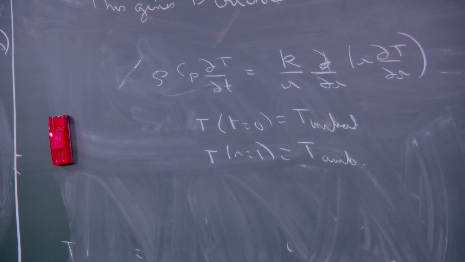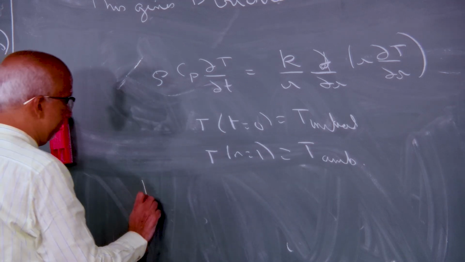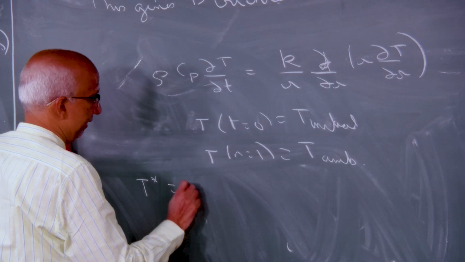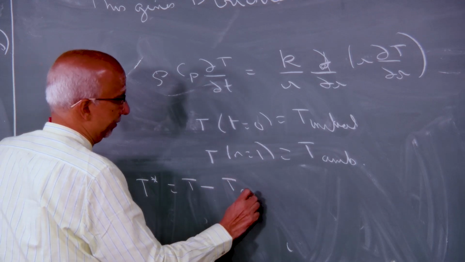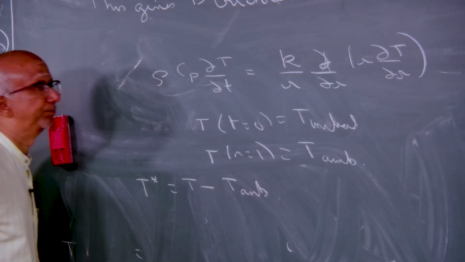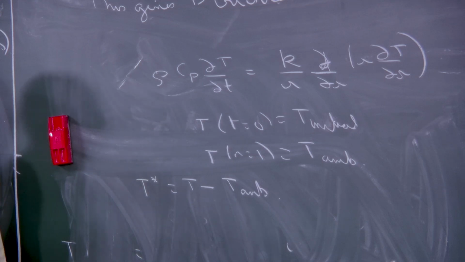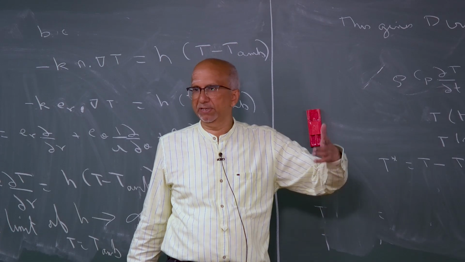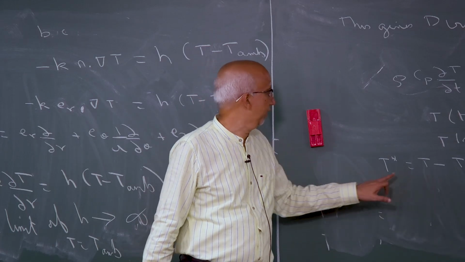Both the initial condition is non-zero and the boundary condition is also non-zero, but what I can do is define a T star as T minus T ambient. T ambient is constant, it is not changing with time. So this is just a constant. What happens?